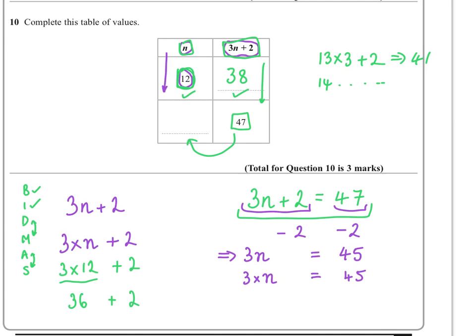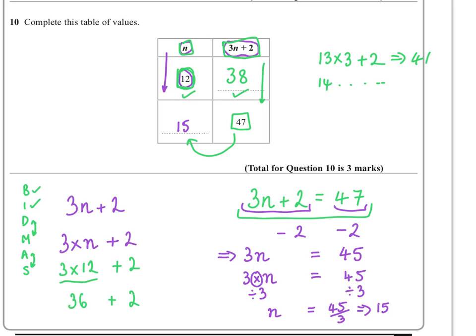And you can either use your calculator to help you here, because if you want to know what n is, you can divide both sides by 3, because this was timesing and we had to do the inverse operation to both sides to get n on its own, and we end up with the answer n is 45 divided by 3, which is, on your calculator if you wanted to use it, 15.